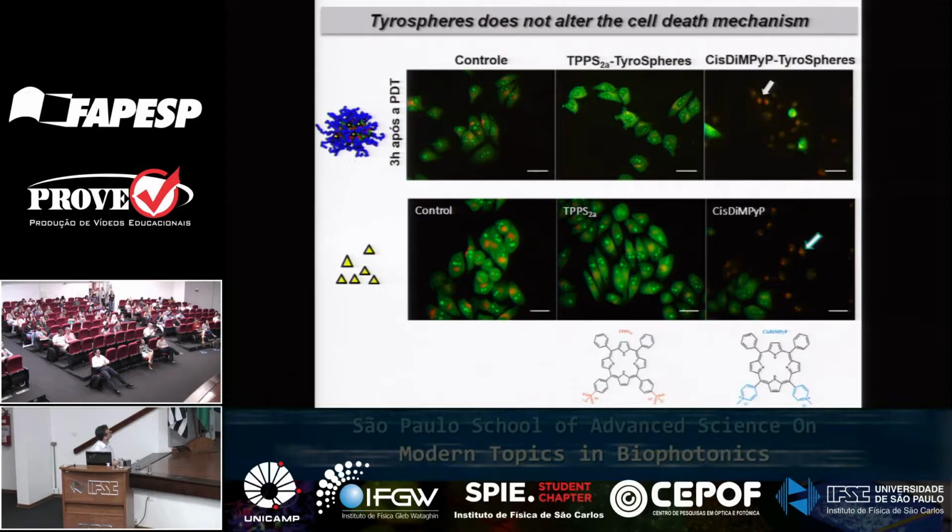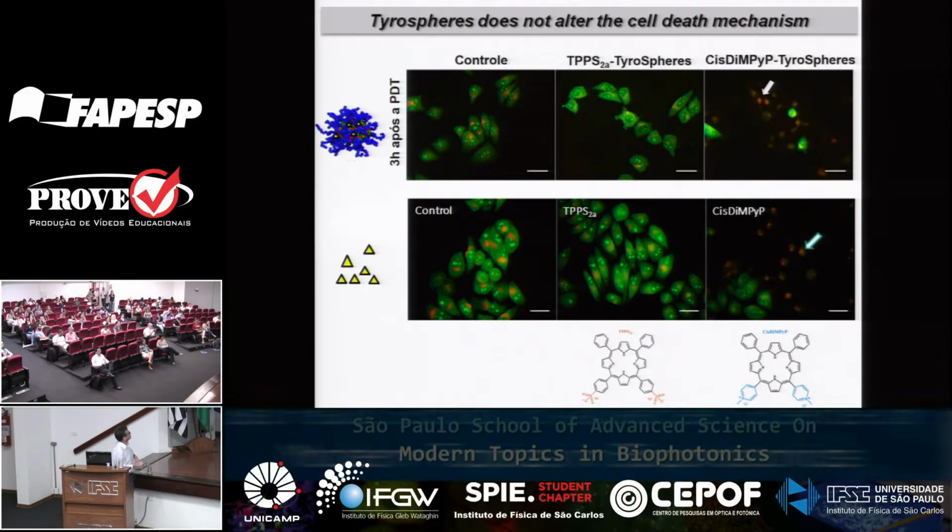you see here, 3 hours after damage, the molecule delivered by tyrosphere, the positively charged, it does a lot of propidium iodide staining showing necrosis. And this one, the cell is fine. 48 hours afterwards, what is this here? This is still, oh no, sorry.